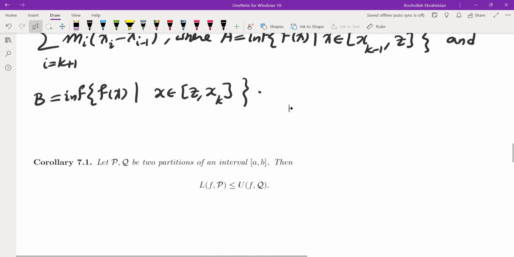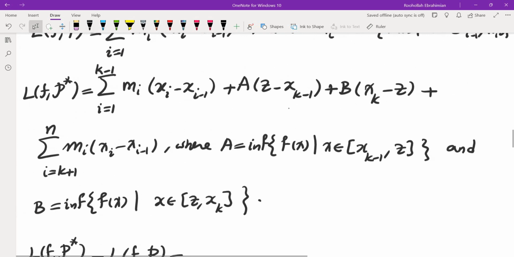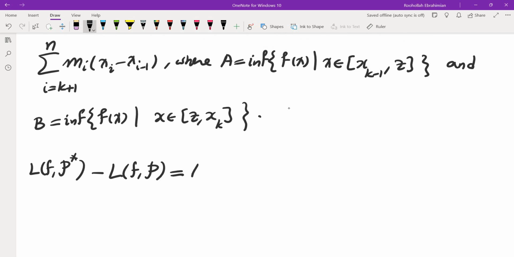Okay, now if I do the lower sum for f with respect to P star and subtract the lower sum for f with respect to P, I will get three terms. This term and this term do not exist in the other one, and the term for k does not exist in the bottom one. So this would be a times z minus xk minus 1 plus b times xk minus z.